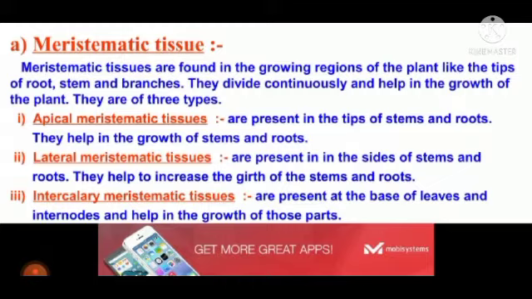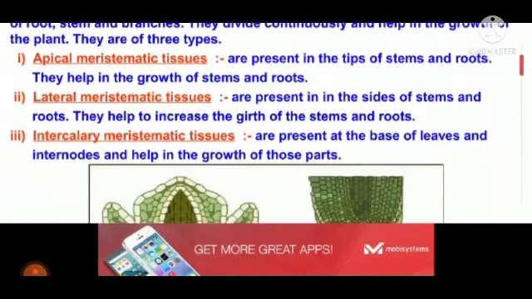Vacuole may or may not be present in meristematic tissue. Meristematic tissue are of three types: apical meristematic tissue, lateral meristematic tissue, and intercalary meristematic tissue.